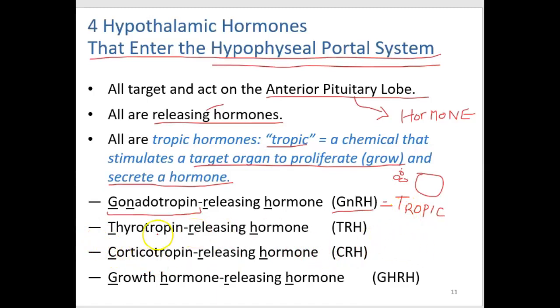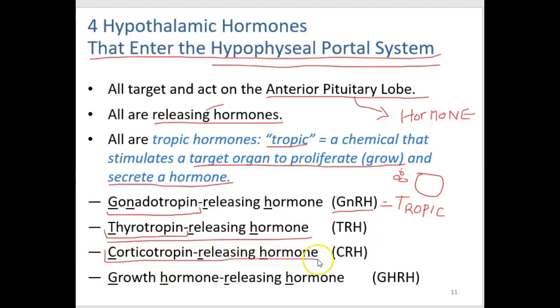Another example of the four is thyrotropin releasing hormone, and it causes the anterior pituitary to release a thyrotropin. And the thyrotropin is tropic, and so is this TRH.